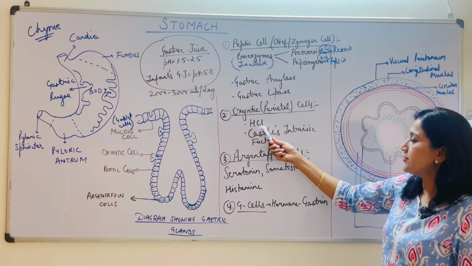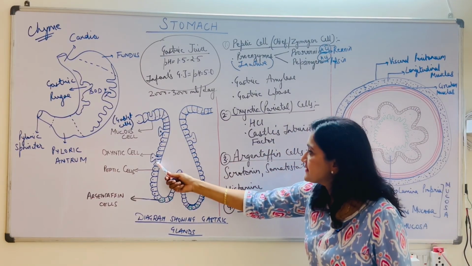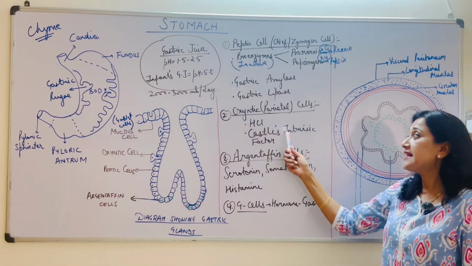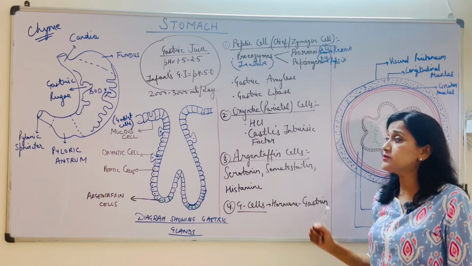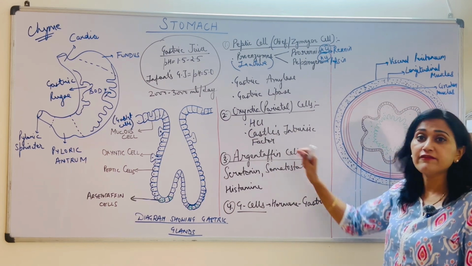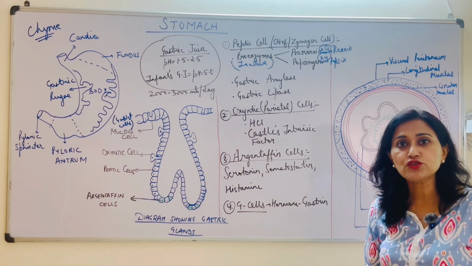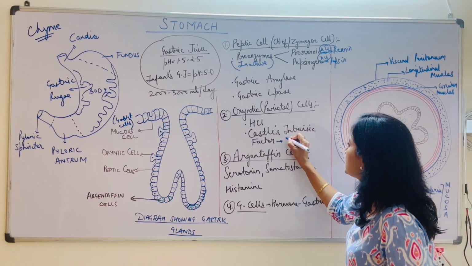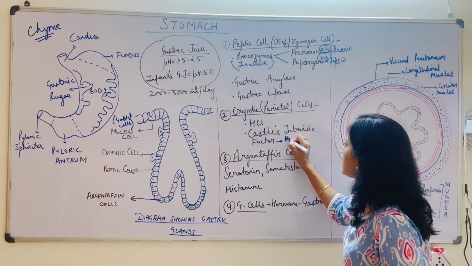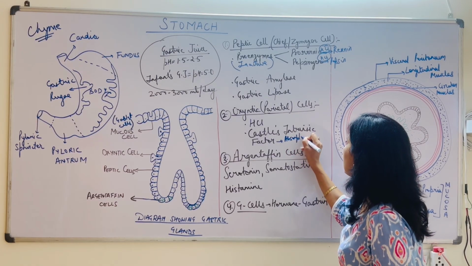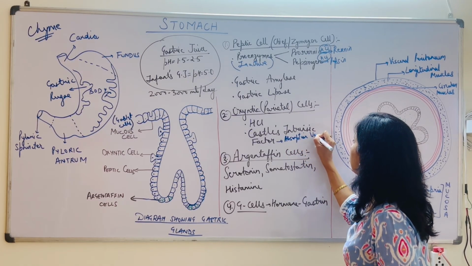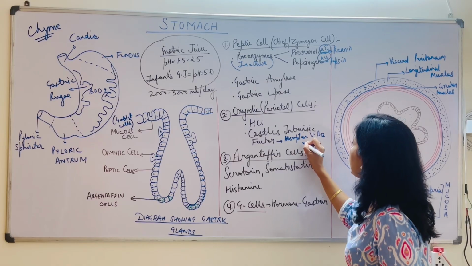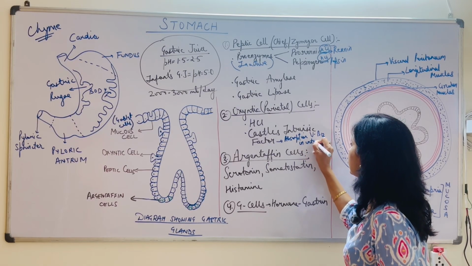Then, as we have already talked, oxyntic or parietal cells are producing HCl, and the second main thing which they are producing is Castle's intrinsic factor. Now, what is the function of Castle's intrinsic factor? This is going to lead to the absorption of vitamin B12 in the intestine.